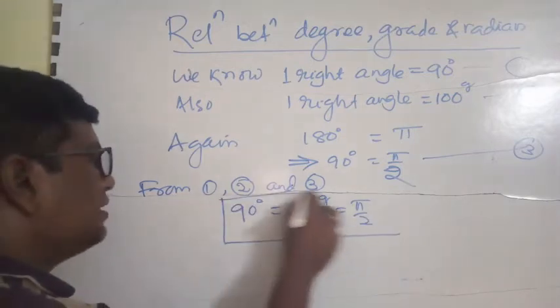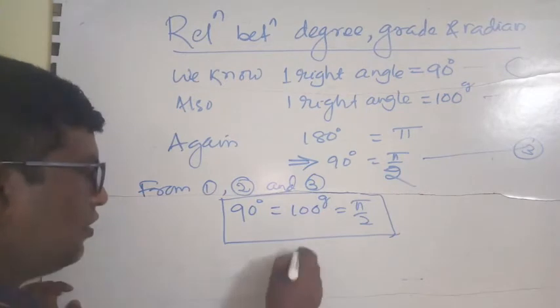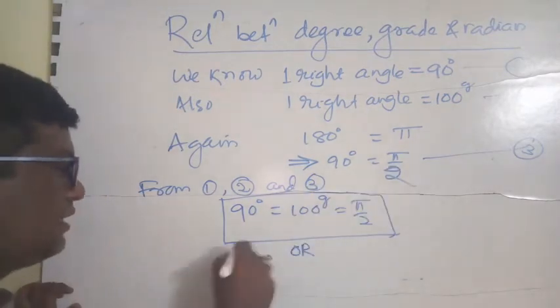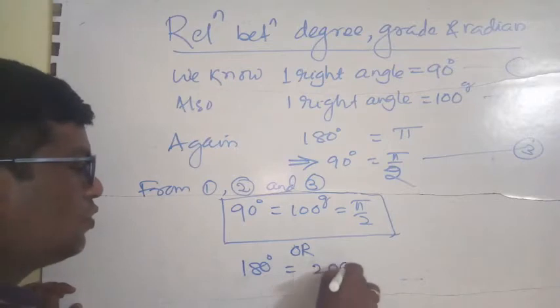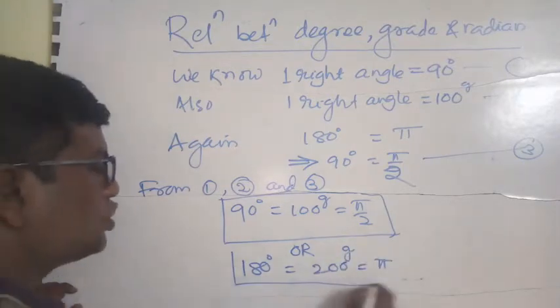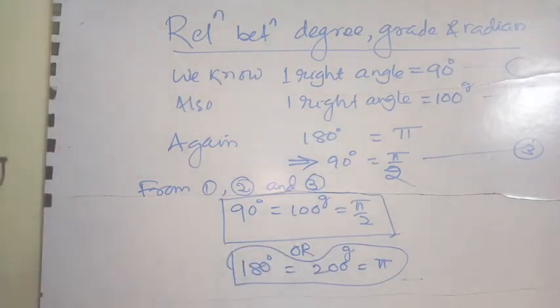This is the relation between degree, grade and radian. Or if we multiply by 2, 180 degree is equal to 200 grade is equal to pi radian. This is also the relation between degree, grade and radian.